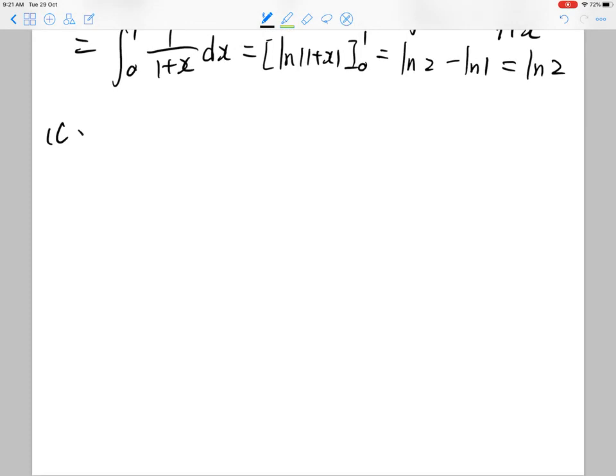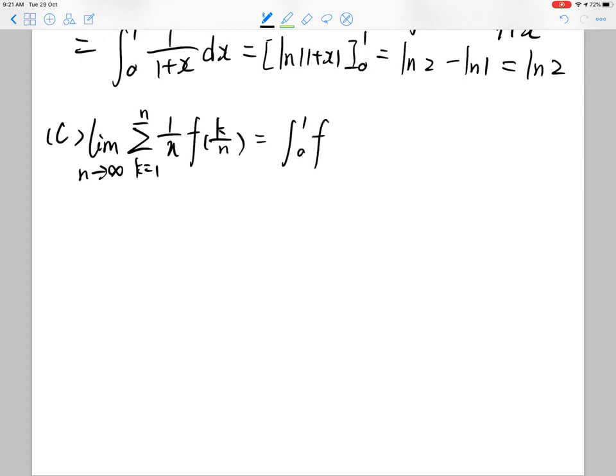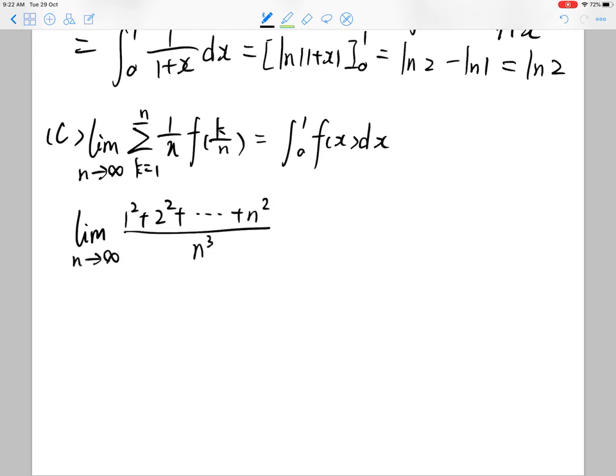So part C. Again, let's write down the formula first. Now the summation is 1 squared plus 2 squared all the way to n squared.